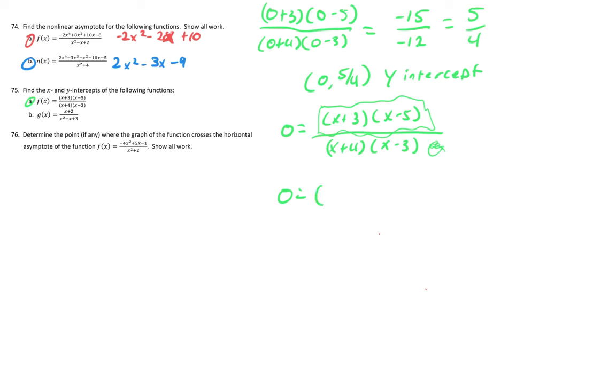So 0 is equal to x plus 3, x minus 5, or x is equal to negative 3 and positive 5. And if we look, that doesn't make the denominator 0. So the x-intercepts are going to be at negative 3, 0, and 5, 0.